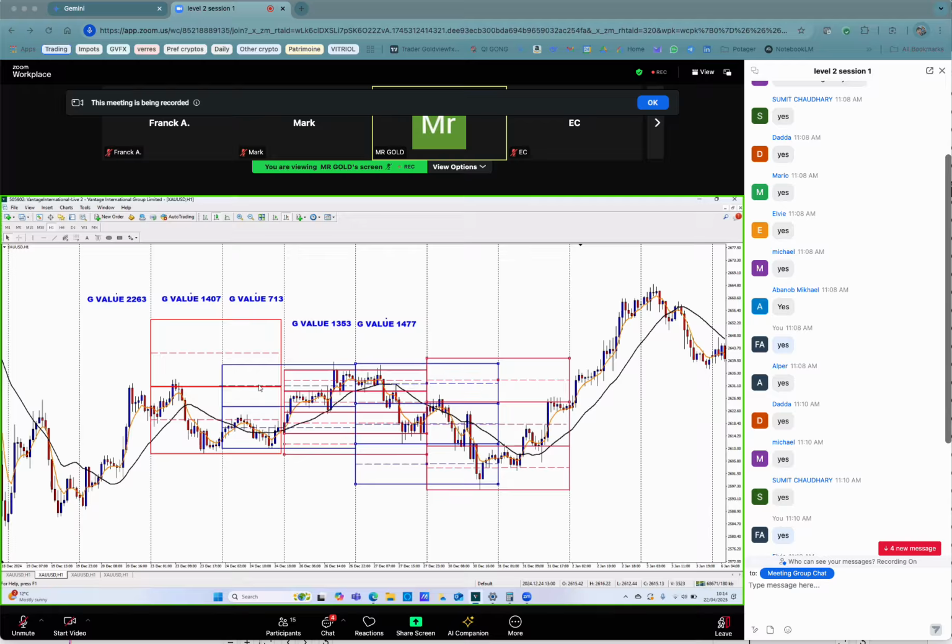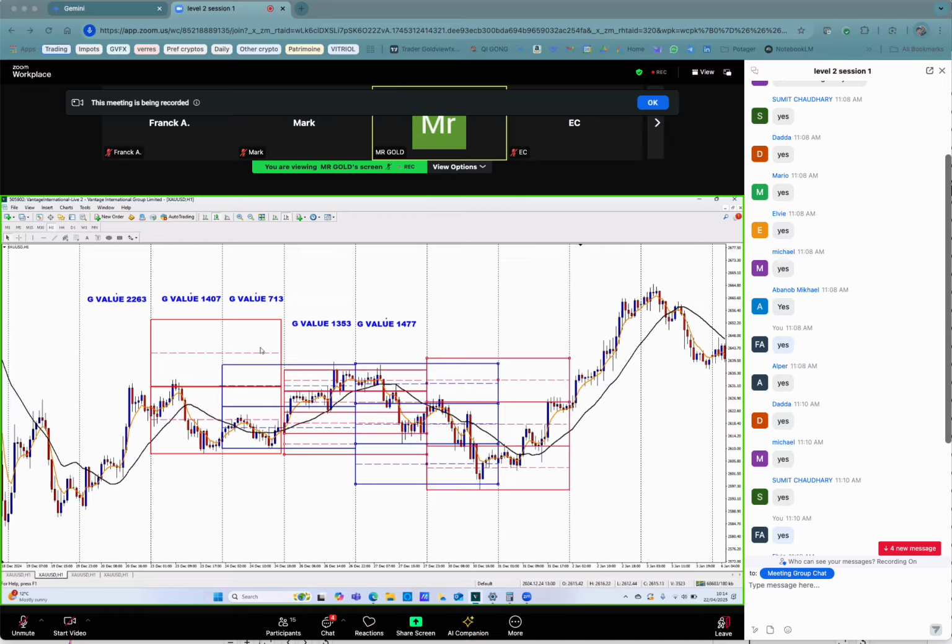So if you look at your notes, there were 3 options of how to draw the boxes. Option 1 was this one here, which is the current day's box drawn using the previous day's G value. Option 2 was this one here, where I moved the previous day's box to the current day and I used it alone, without this blue box, just the red box on this day moved across from the previous day.